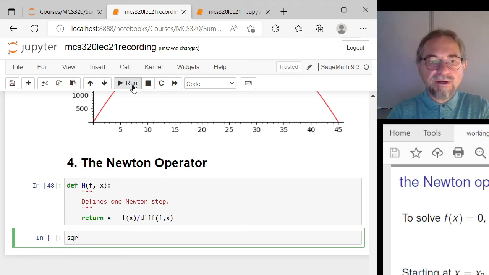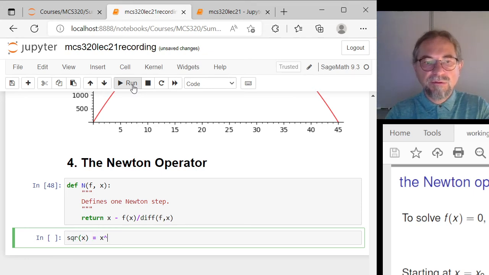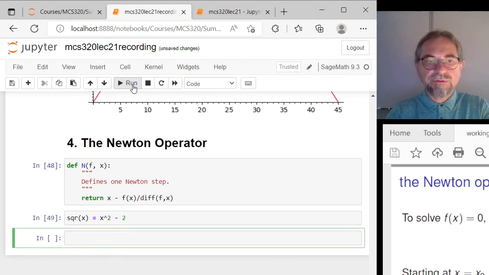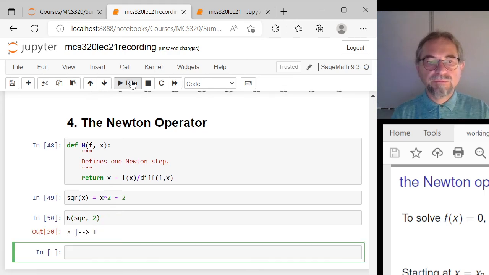So the square of x is x to the power 2 minus 2. So this is the, we want to compute a root. And let us apply this to the square root. So n at 2.